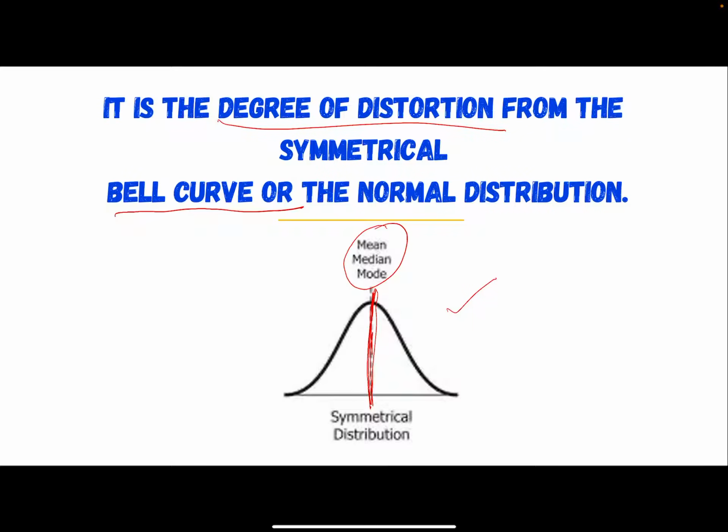This curve is symmetrical on both sides of this line where the mean, median and mode lie, and 50% of the items are on the left hand side and 50% on the right hand side. That is why this is said to be a symmetrical distribution.